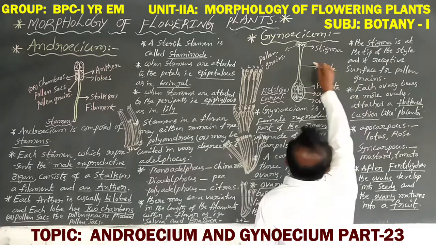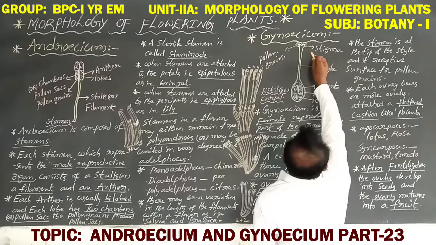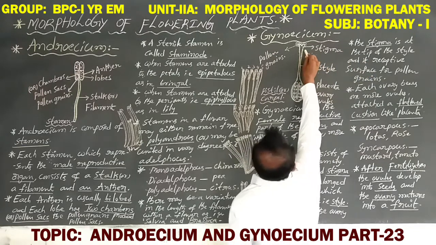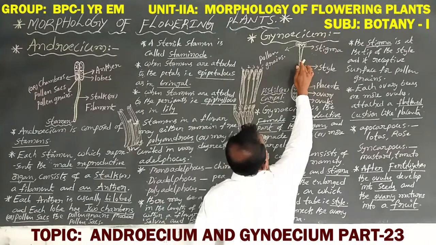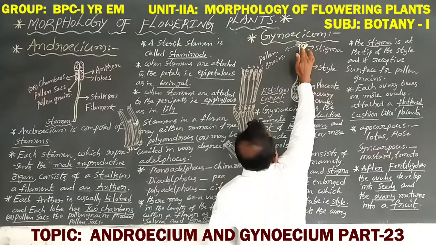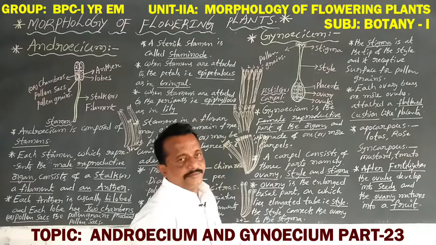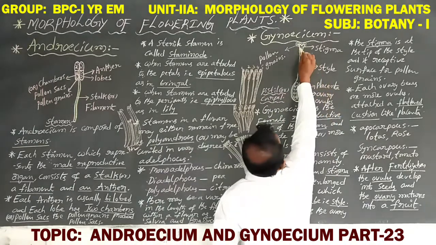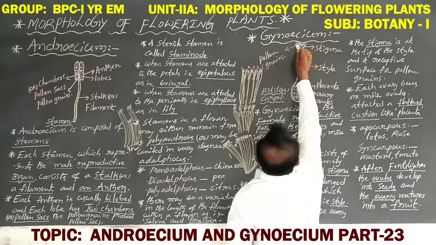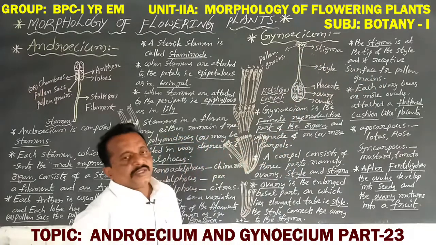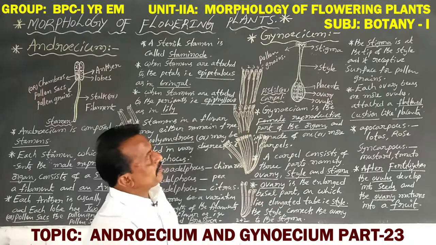And next coming to the stigma. The stigma is at the tip of the style. So this is the style, this is the basal part of the style, this is the tip of the style. The stigma is at the tip of the style, and it is the receptive surface for the pollen grains, which is the main function of the stigma.